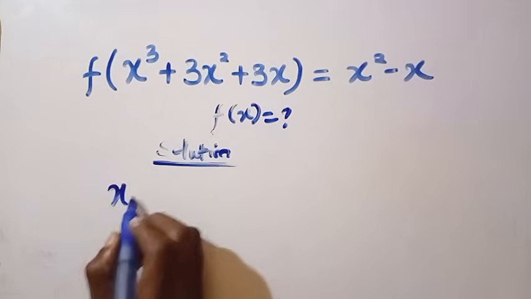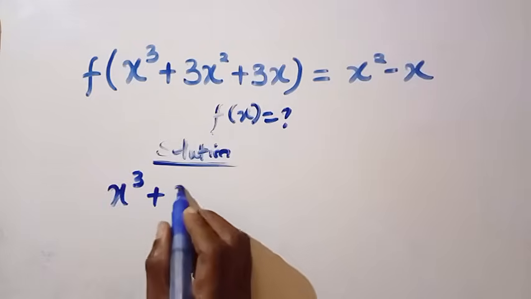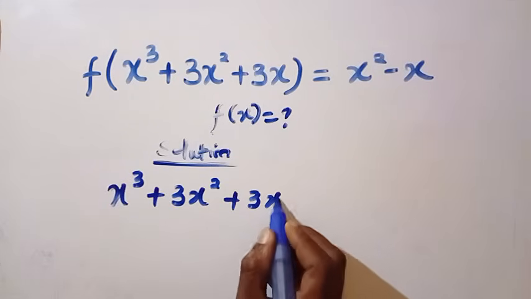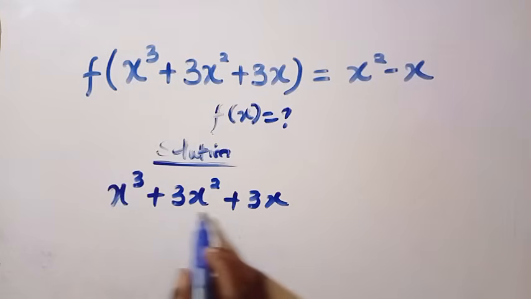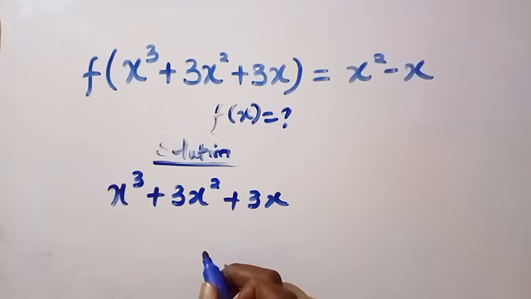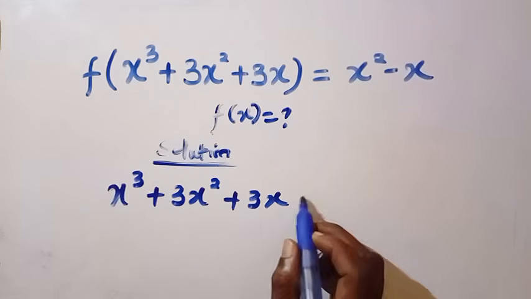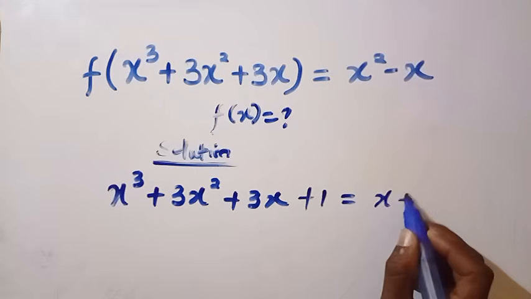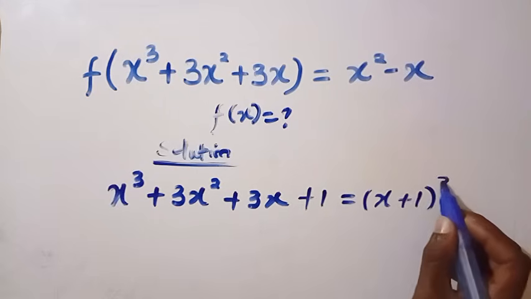Looking at x to the power 3 plus 3x to the power 2 plus 3x, this is almost a perfect cube, but something is missing, which is 1. Suppose I add 1 to this, we are going to have x plus 1 raised to the power of 3.